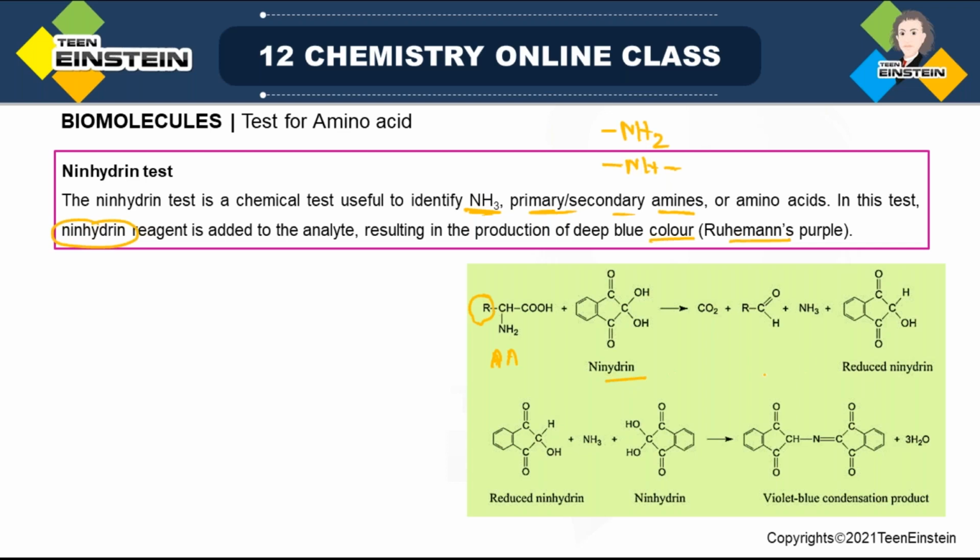If you look at the amino acid carefully, the RCH part is removed in the form of an aldehyde, the NH2 is removed in the form of ammonia, and the CO2H is removed as CO2. In the ninhydrin structure, one OH is removed and one extra oxygen is gained. So the amino acid is converted to aldehyde, CO2 and ammonia as byproducts, and this is reduced ninhydrin.